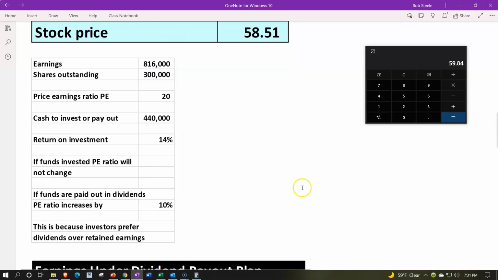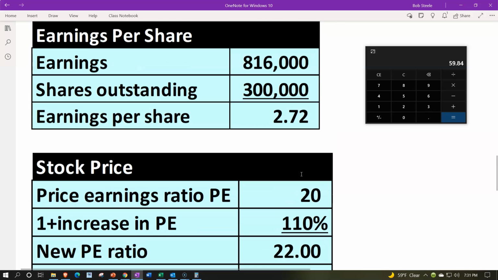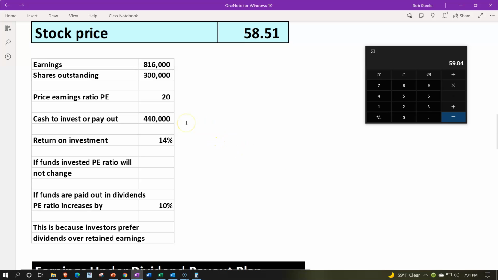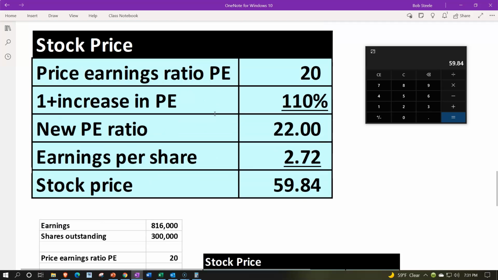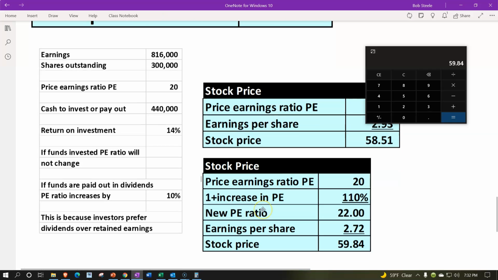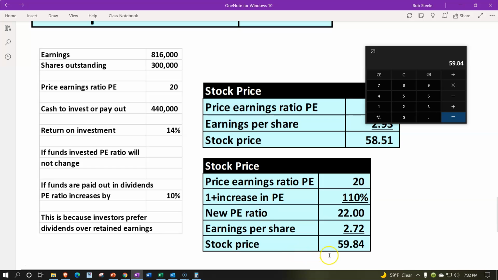So it looks like Plan 2, with the dividends paid out, actually results in a higher price determined by the market, even though we're going to have less earnings per share, because once again, the market is valuing the dividends at a higher threshold, and that would be determined in part by the market itself. So in the recap down below, we got the stock price versus the stock price, and again, the second stock price that we came to was better.